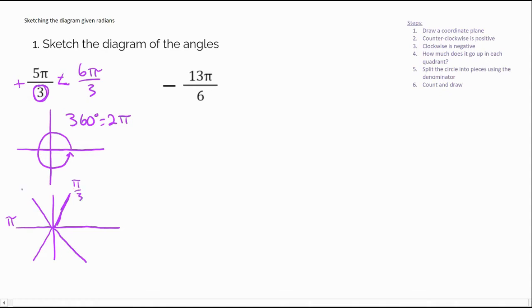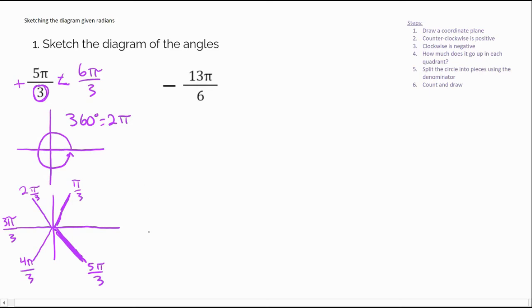Then the next third is going to be 2/3, or 2 pi over 3. And if I go another third, I'm going to get 3 pi over 3, which is the same thing as just pi. I'm going to go up another third, which gives me 4 pi over 3, and another third to give me 5 pi over 3. So I can see here, right on this line, I'm estimating that that is about 5 pi over 3 in my diagram.